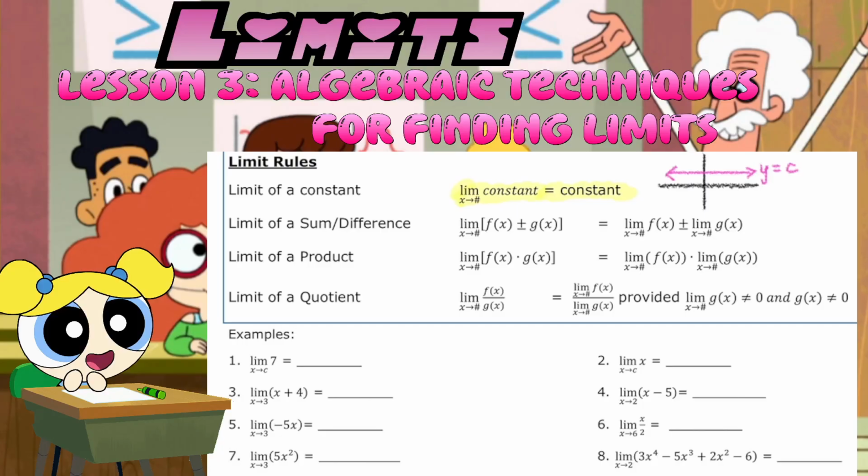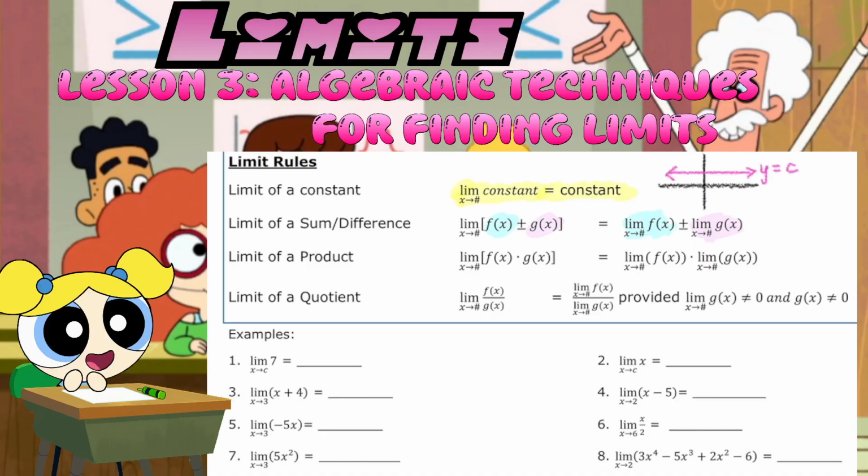So again, to find the limit of a product or a quotient, a sum or a difference, you're essentially just finding the limit of each piece individually, and then either adding, subtracting, multiplying, or dividing your answers. So f of x, I find the limit of it over there. Here's g of x. I'm going to find the whole limit over there, and then I'm going to add those answers together.